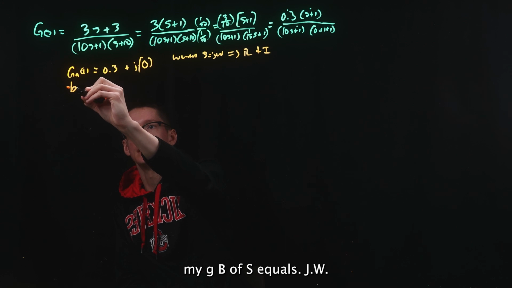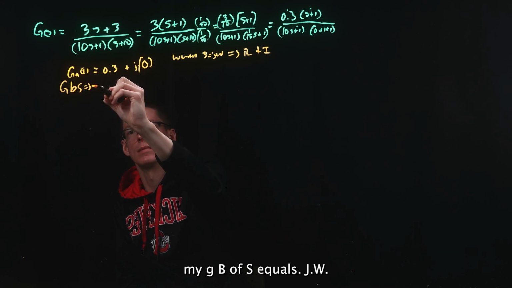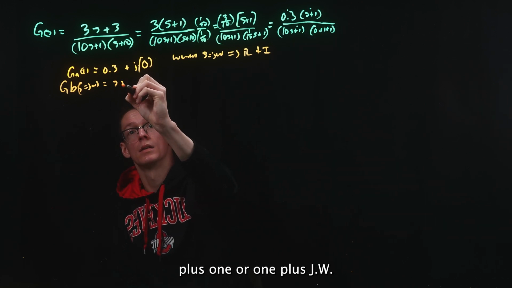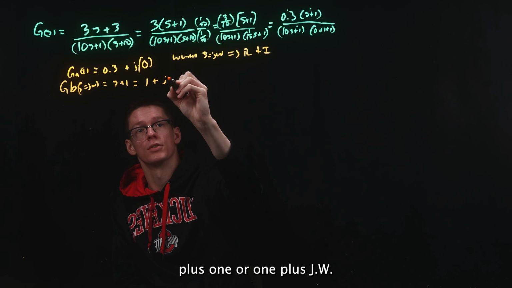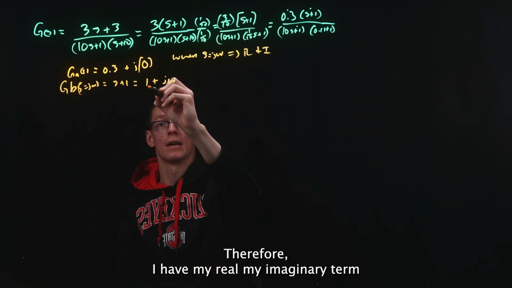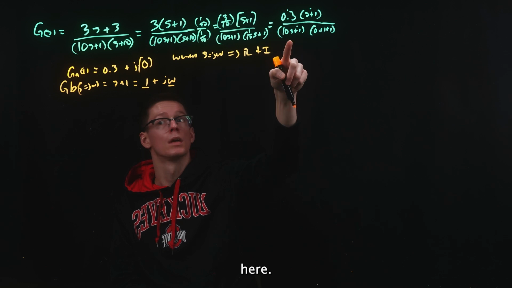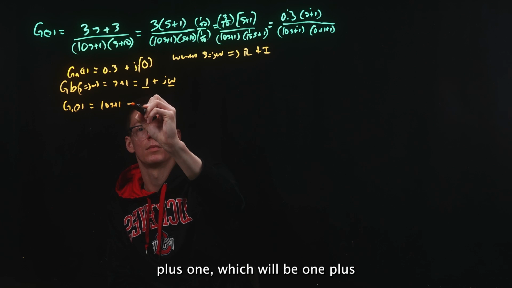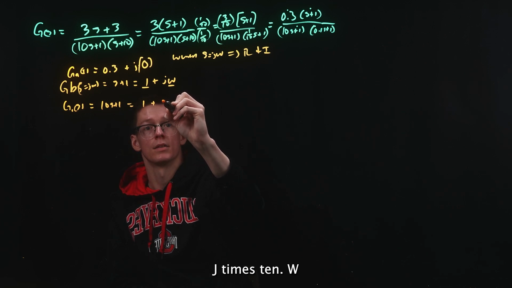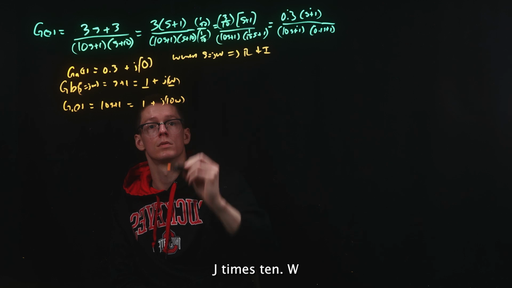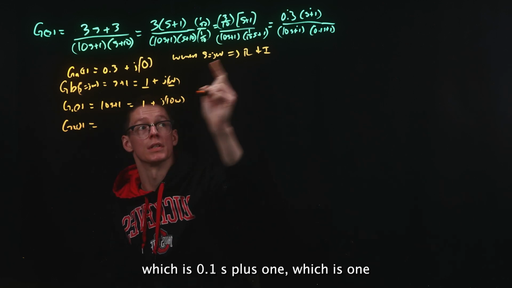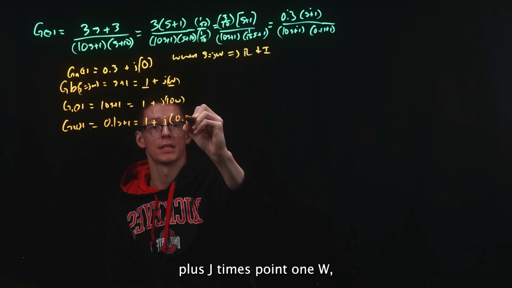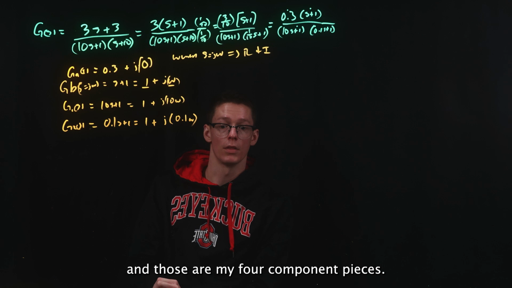My GB of s equals jw is this term, s plus 1, so that's 1 plus jw. Therefore, I have my real and my imaginary term. Here, I have g1 of s, which is 10s plus 1, which will be 1 plus j times 10w, and g2 of s, which is 0.1 s plus 1, which is 1 plus j times 0.1w. And those are my 4 component pieces.